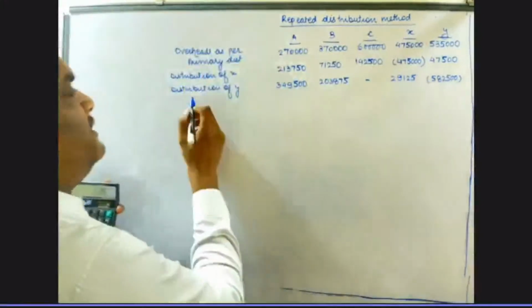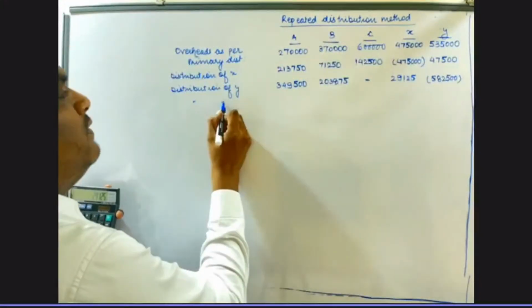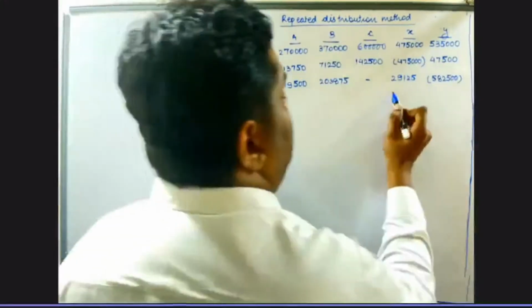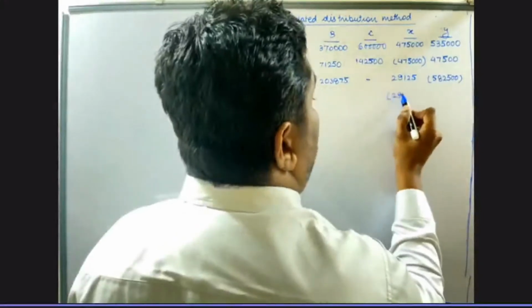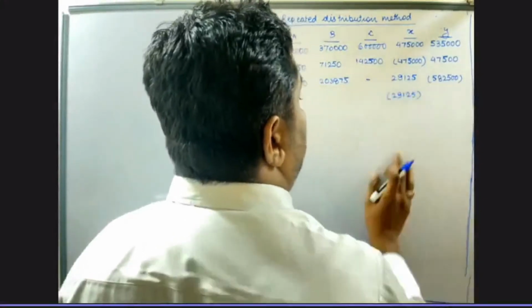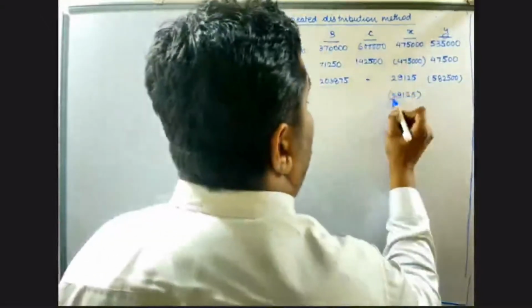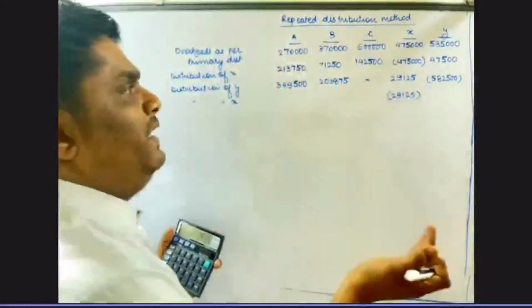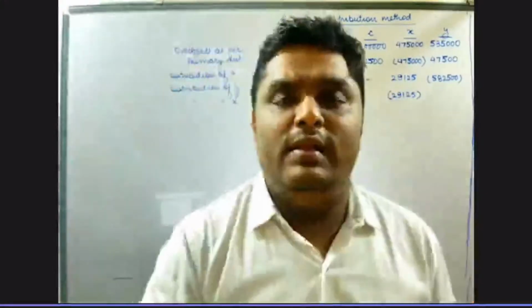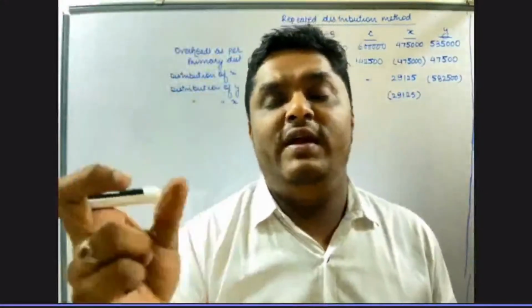Now we'll again distribute the overheads of X, that is 29,125. We have to repeatedly distribute till we reach the figure in 2 digits.